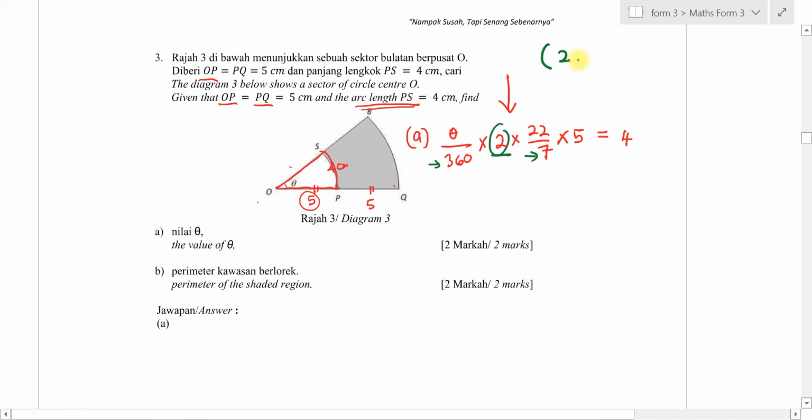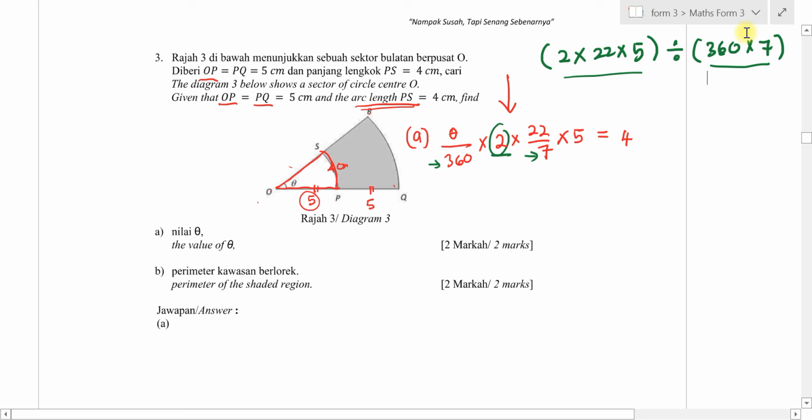Remember that. Numerator all one side: 2 times 22 times 5. And then divide 360 times 7. This one all numerator, this one all denominator. You do like that to simplify it.